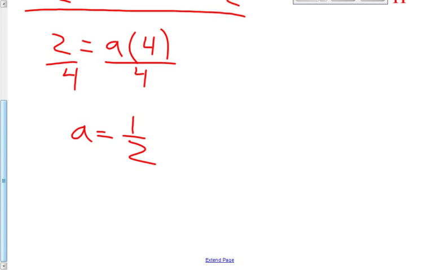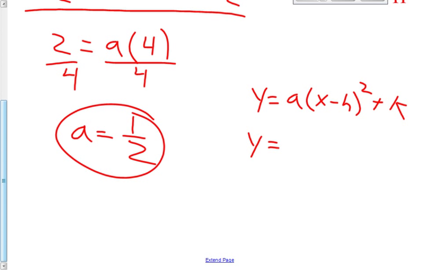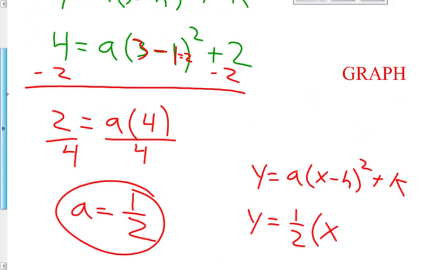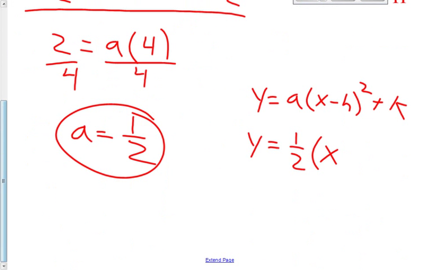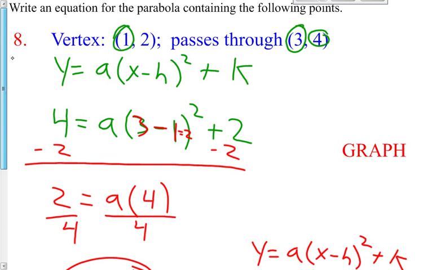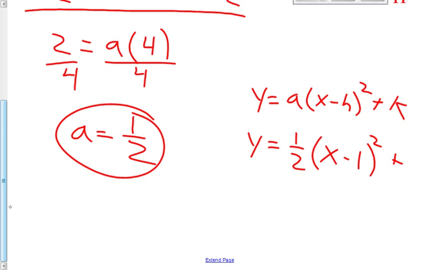So my equation, y equals A times the quantity x minus h quantity squared plus k. Y equals my A value of 1/2 times x minus 1 quantity squared plus my k value, which my k value is 2. Once again, class, this is your answer.